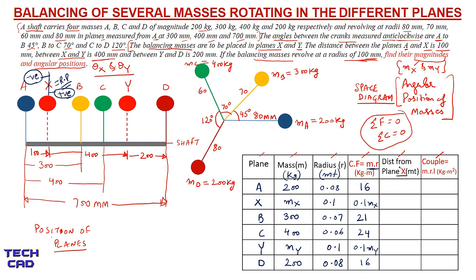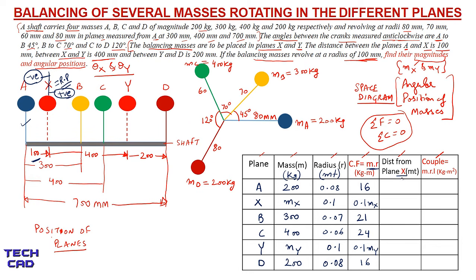Now in the next row, we will consider the distances from plane X, because plane X is the reference plane, and we will take these distances from the position of planes diagram. On the negative side of plane X, we have plane A. Plane A is 100 mm from plane X. But these distances are given in millimeters, so you have to convert them into meters.